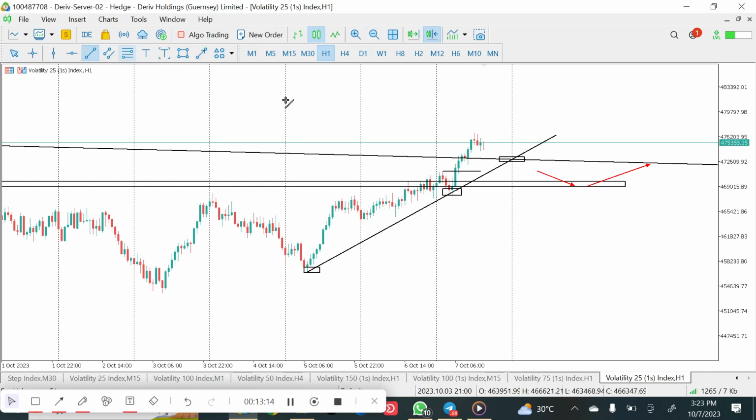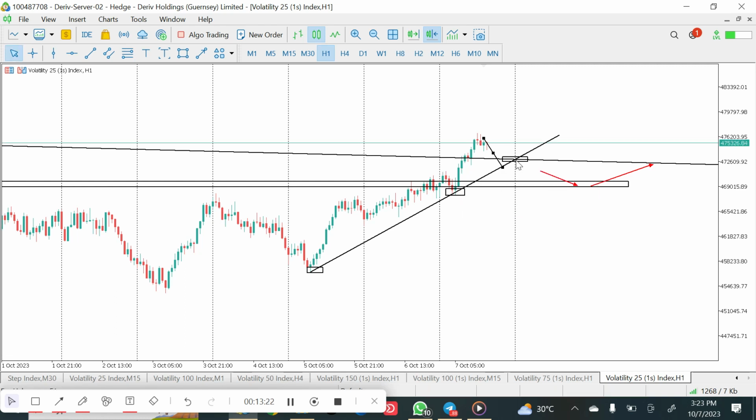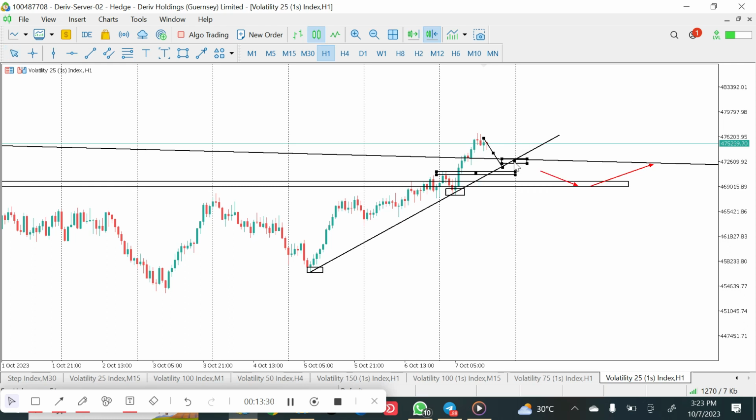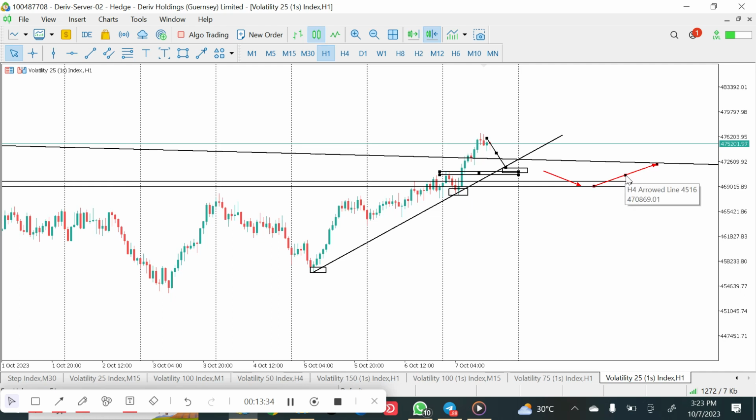I expect a push down into this area right at this spot. This is an area of resistance that has been broken. Okay, so I expect some push down into that area, and then we see a possible push to the upside. So that is my expectation.